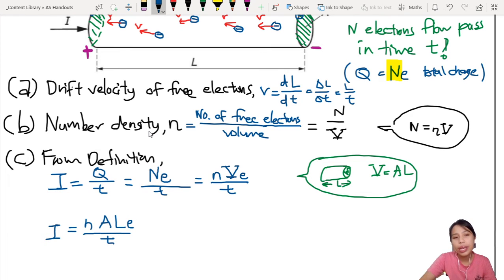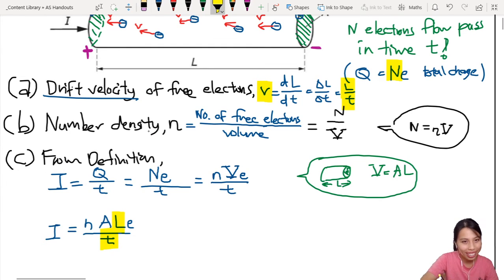Can you see how we can involve drift velocity inside this equation? Is there a way we can sub anything? Do you see it? I see it. There's an L over T here, which equals the drift velocity. Aha. So we can rearrange this as nA times L over T times E.